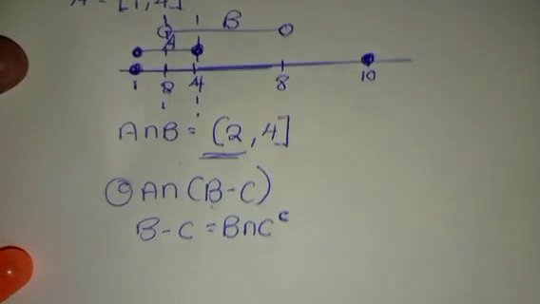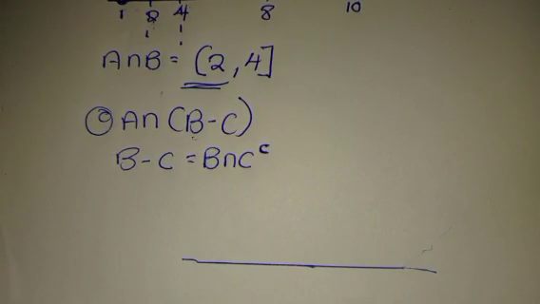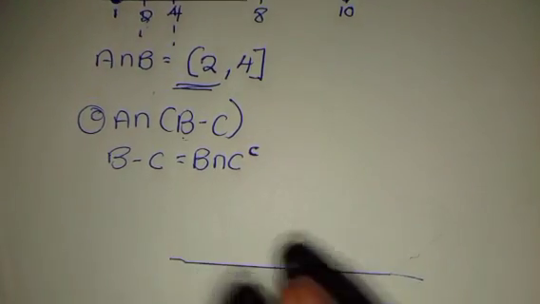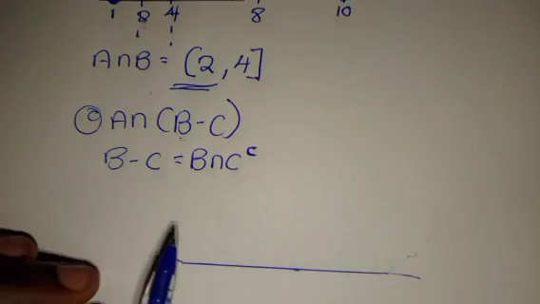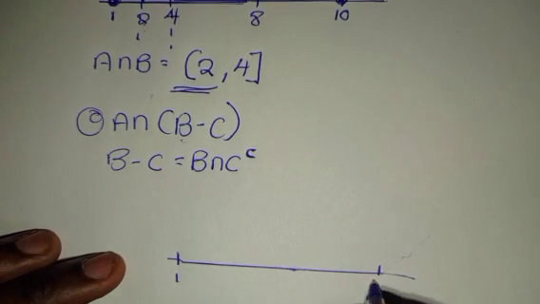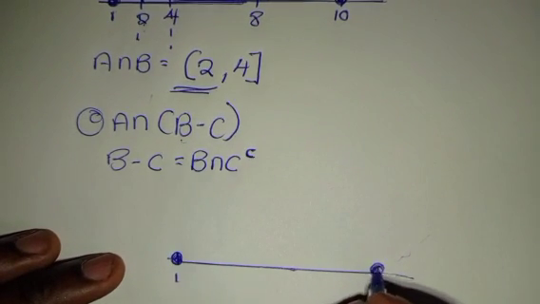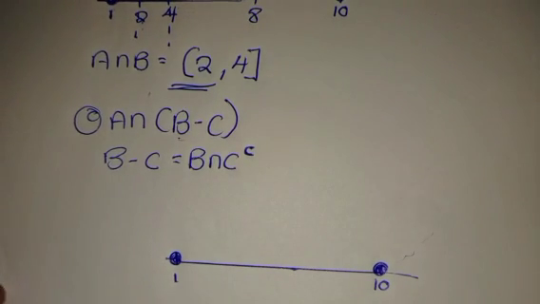So we have drawn our number line there. You're having your universal set to be 1 ending on 10. Remember, 1 is part of the universal set together with what? Together with 10.